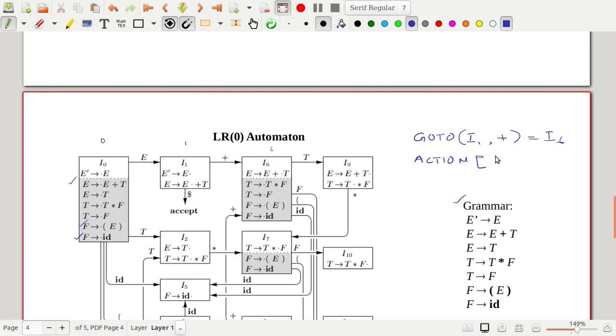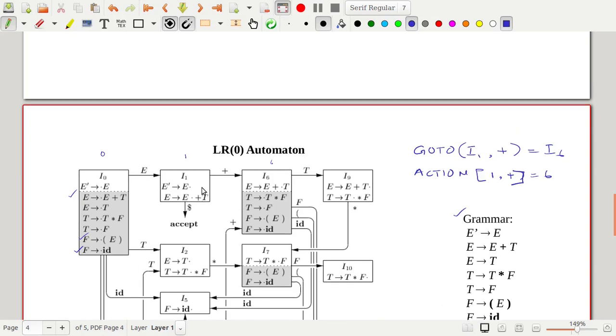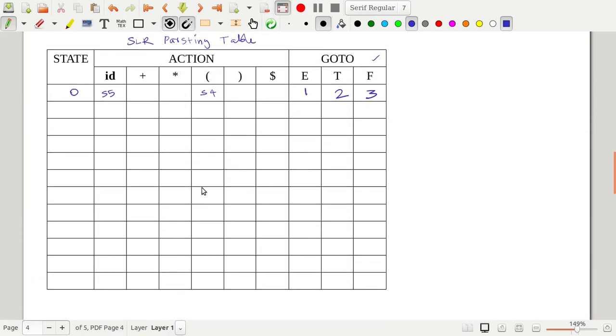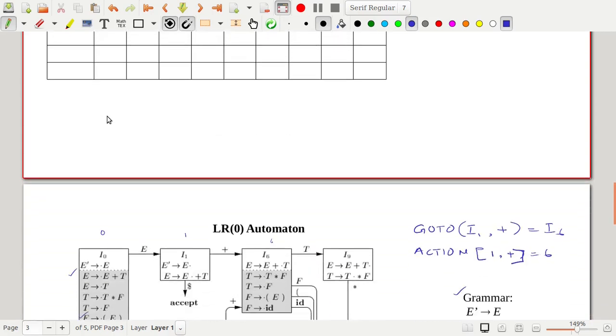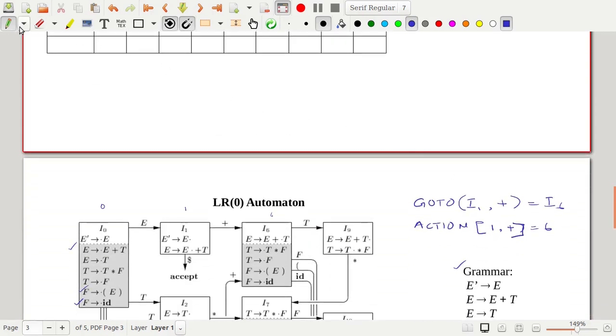Action of I1, sorry, in this case we have to use only the subscript part. So action of 1 comma plus is equal to 6. That can be filled here. 1 comma plus is equal to not 6; this will be shift 6.